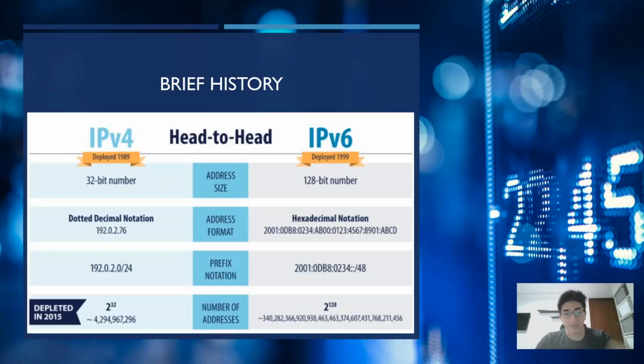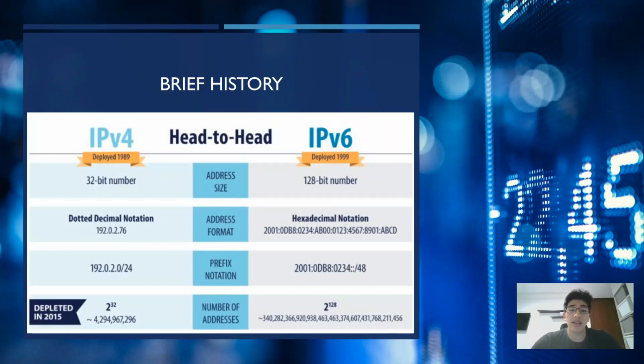Brief history. IPv4 was developed in 1983 and is still the most used version around the world. It consists of a 32-bit binary number, normally represented in decimal notation, with 4 digits separated by dots. For example, 255.192.0.1. That takes values between 0 and 255.